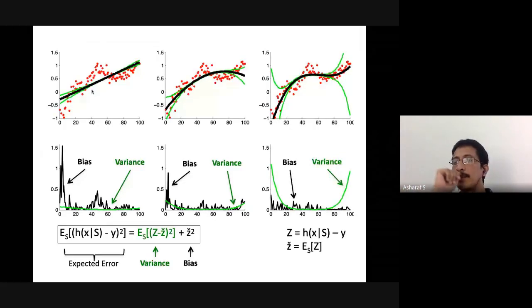But go to the rightmost column. You see that it perfectly fits, which means that the model is overfitting. The model perfectly fits, which means that I have a very low bias.